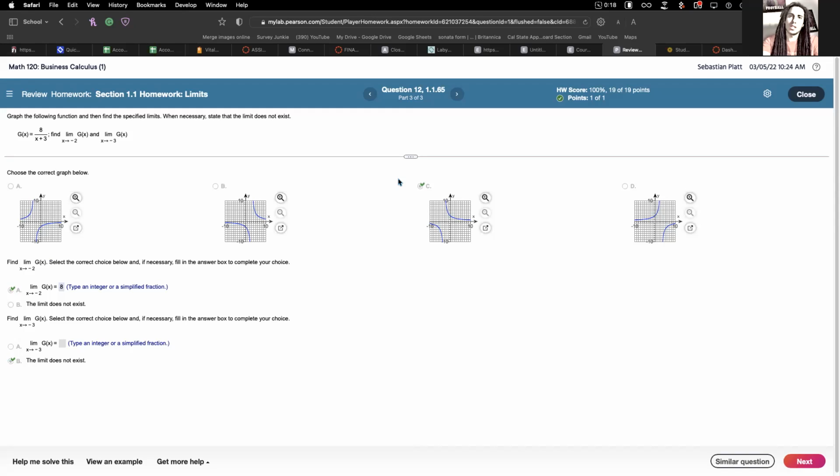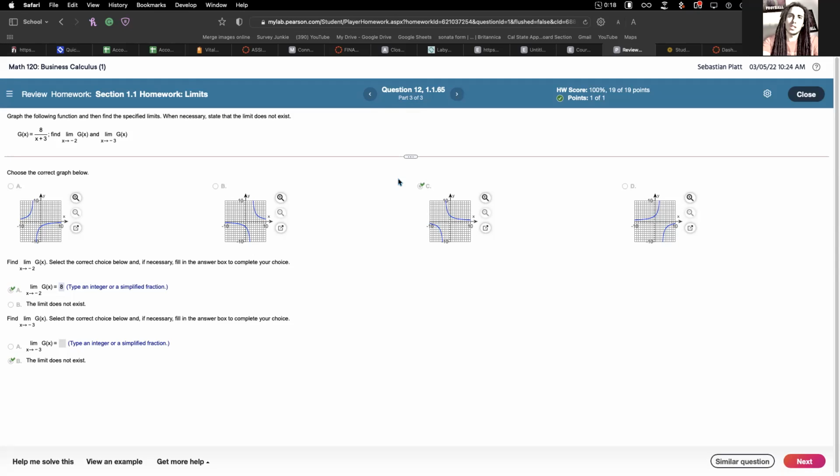All right. So next up for number 12, it wants us to graph the following function. G of x equals 8 divided by x plus 3. So if you have a TI-83 or TI-84 calculator, then graphing this is going to be pretty straightforward.